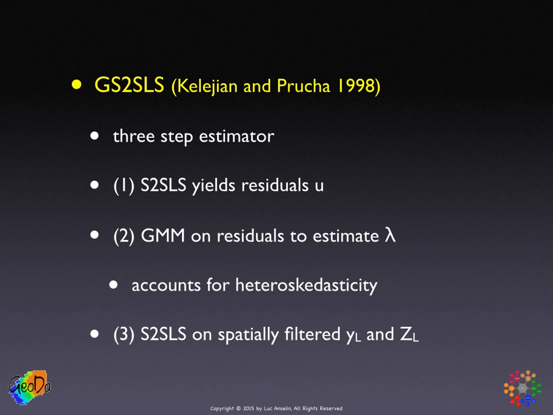Now we plug these residuals into the GMM equations, and again there is a two-step process. First we get a consistent lambda, then we plug that into the weighting matrix to get the efficient lambda, and then finally we use this lambda estimate to carry out the spatial two-stage least squares again, but now on the spatially filtered variables. So this is the most general model, the combo model.